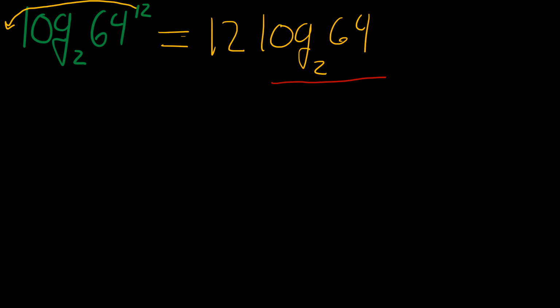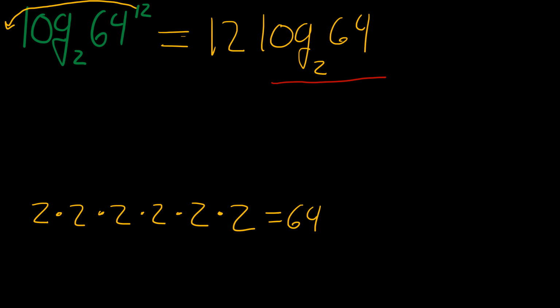So let's do that. 2 times 2 is 4. 4 times 2 is 8. 8 times 2 is 16. 16 times 2 is 32. 32 times 2 is 64. And I have 1, 2, 3, 4, 5, 6 2's. So therefore, 64 is equal to 2 to the 6th power.